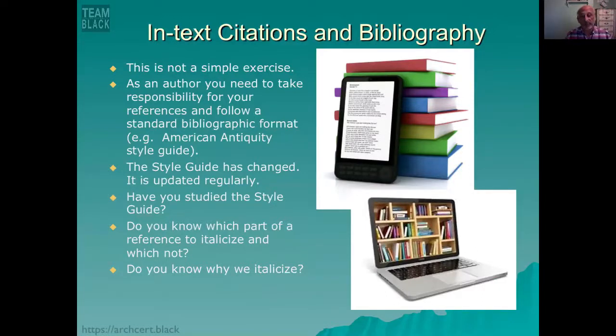So some of the things you might find when examining this Style Guide for American Antiquity is that parts of a reference are italicized. They go in italics. Do you know why sometimes titles of books and journals are italicized? And why not others?